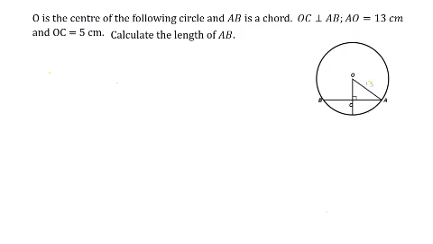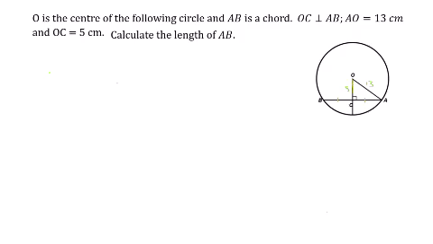OC is equal to 5 centimeter. Now they want to calculate the length of AB. So AB is this, because this OC is bisecting AB chord, which means that CB and AC are equal in length. And then we can highlight this part as well on the diagram.